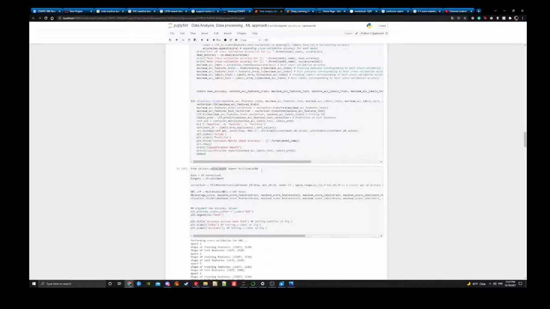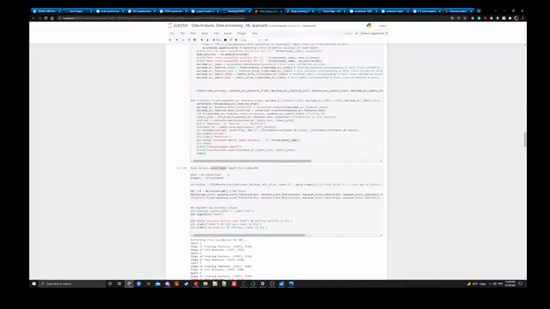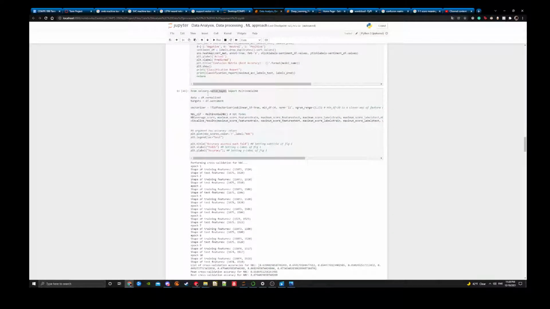That did take a bit of time to understand, but those included the support vector, the naive Bayes, and the Bernoulli naive Bayes. As my friend goes through the code, I will explain what each one did.